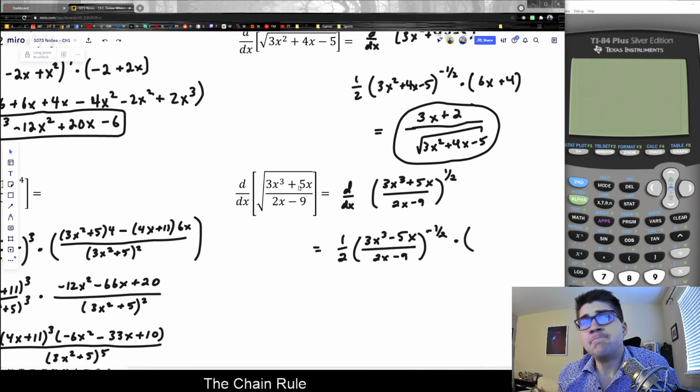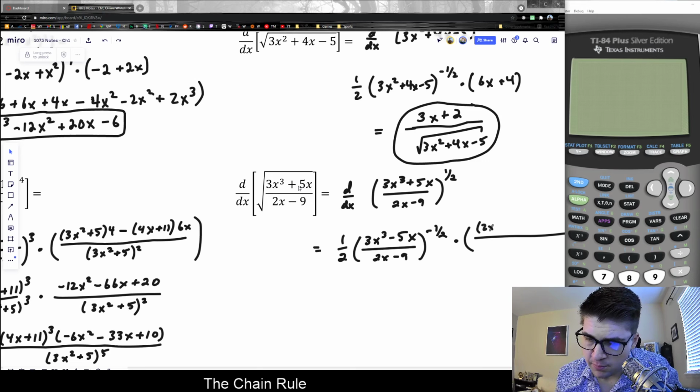Here, for the derivative of the inside, again, I would need low d high minus high d low. So I would have low d high, which is going to be 9x squared plus 5, minus high d low.